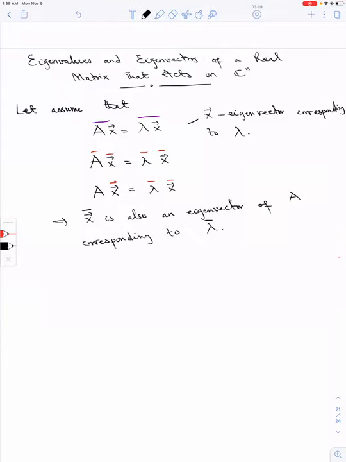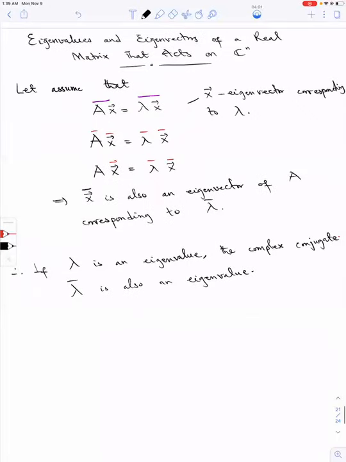Therefore, we conclude that if lambda is an eigenvalue, then the complex conjugate lambda bar is also an eigenvalue.